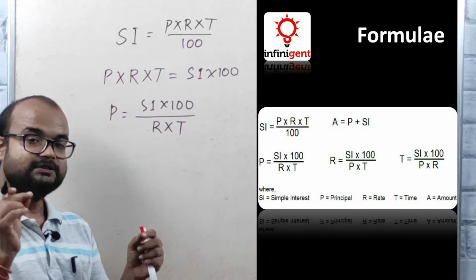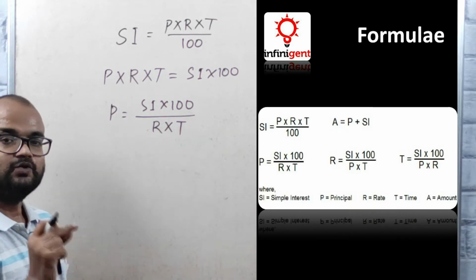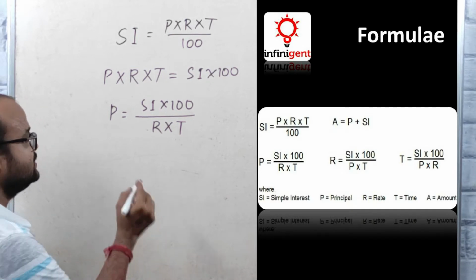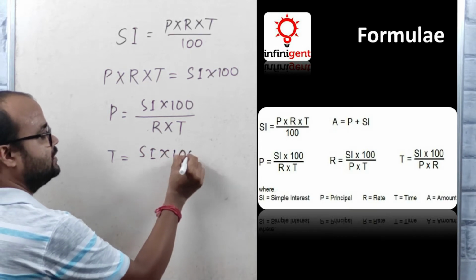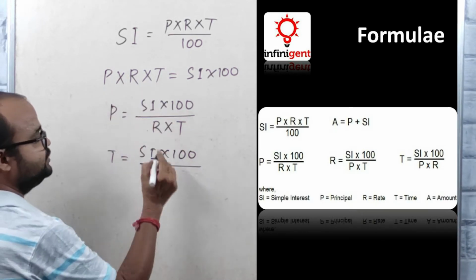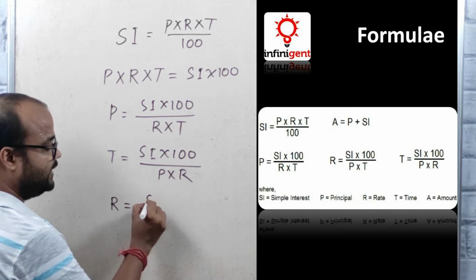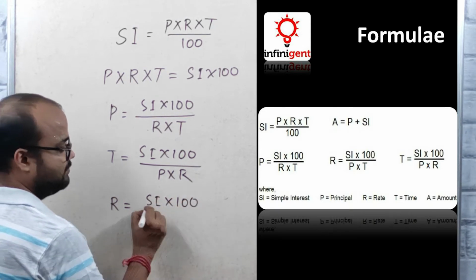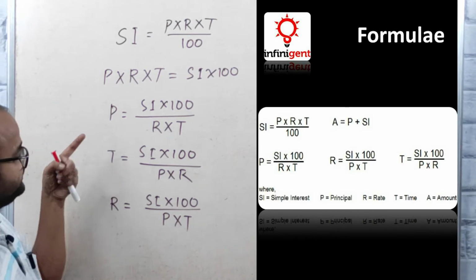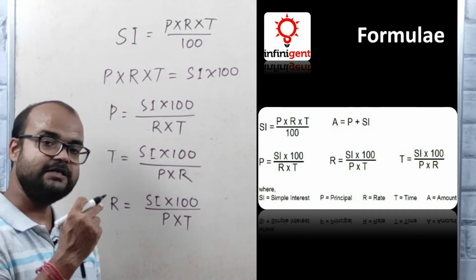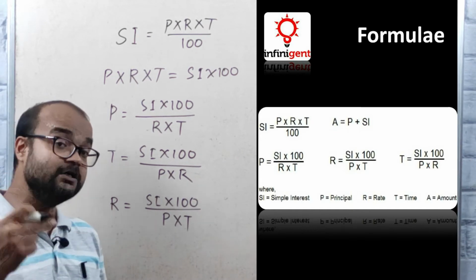Now see, the trick to remember this formula is that whichever quantity out of P, R and T you need to find, suppose I want to find T, I write T equals SI into 100 by the remaining two, P into R. If I want to find R, I write SI into 100 by P into T. So while finding P, R or T, SI into 100 is always in the numerator and the denominator will be the other two quantities.